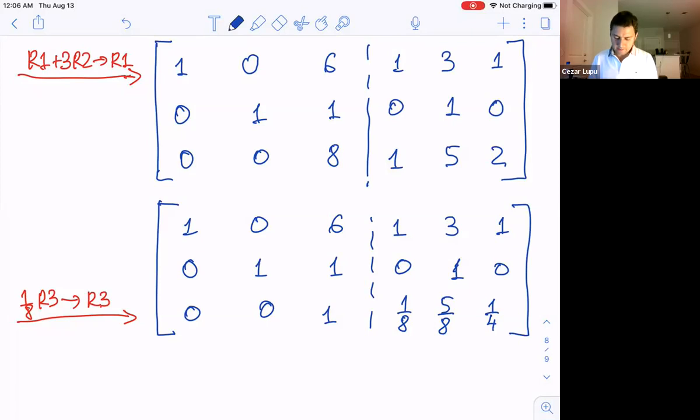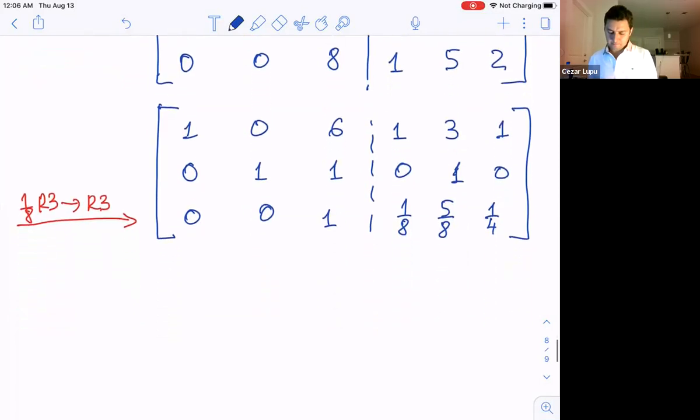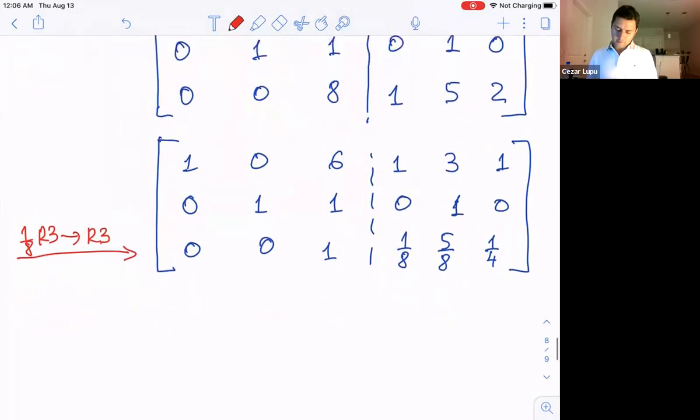So I have a 6 there. Let's multiply. So I have this 6 here.